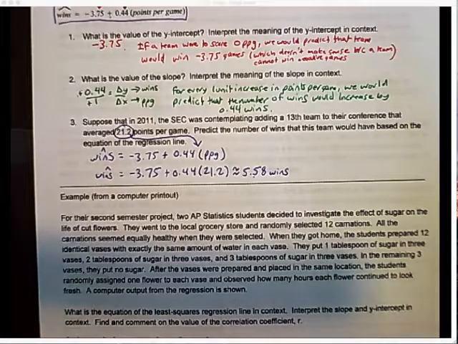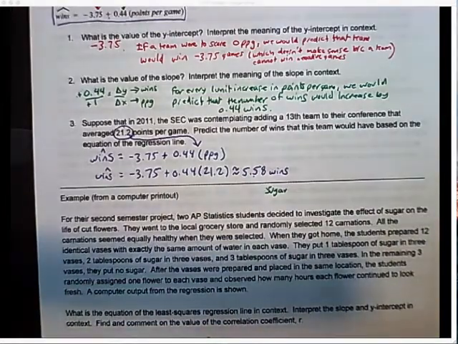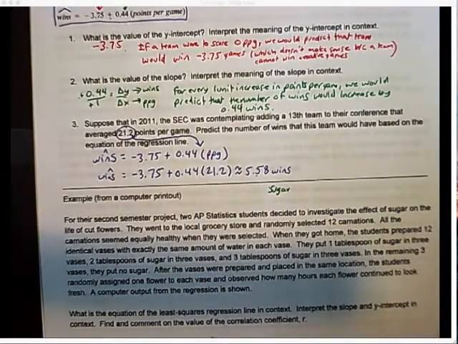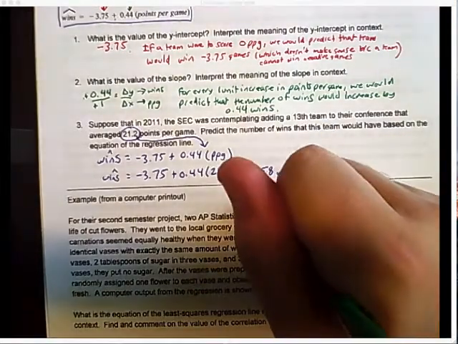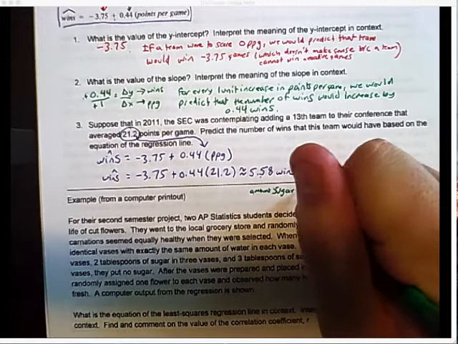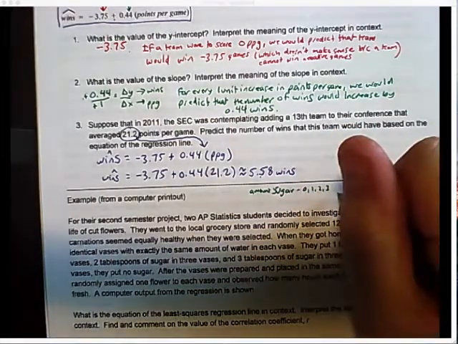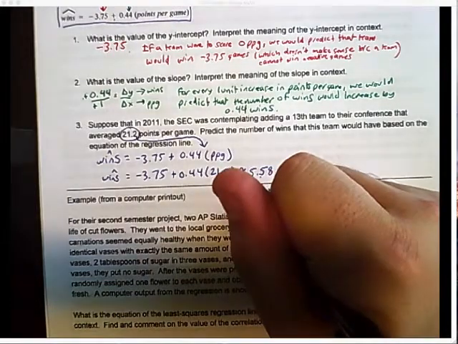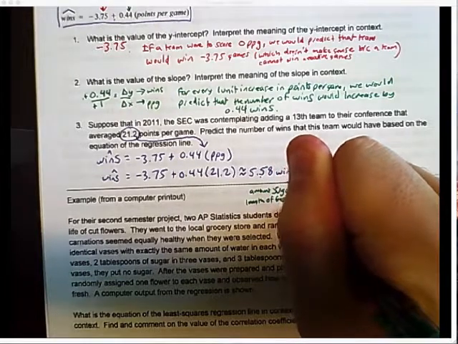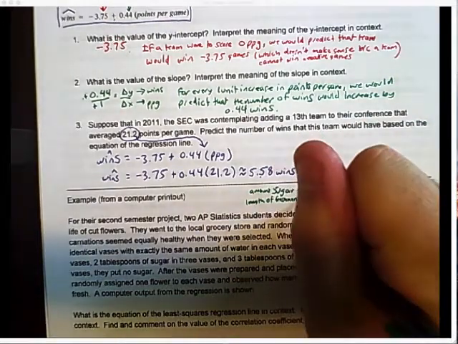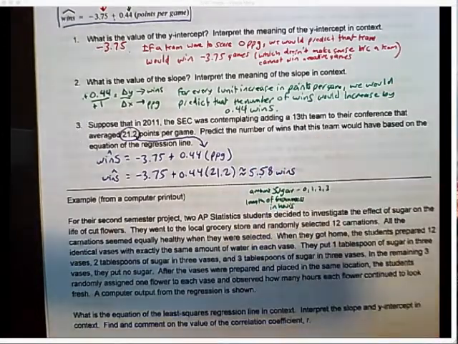So we basically have 2 variables. We have the amount of sugar, and that can either be 0, 1, 2, or 3 tablespoons. And we have length of freshness, the length of time in hours that the flowers looked fresh.